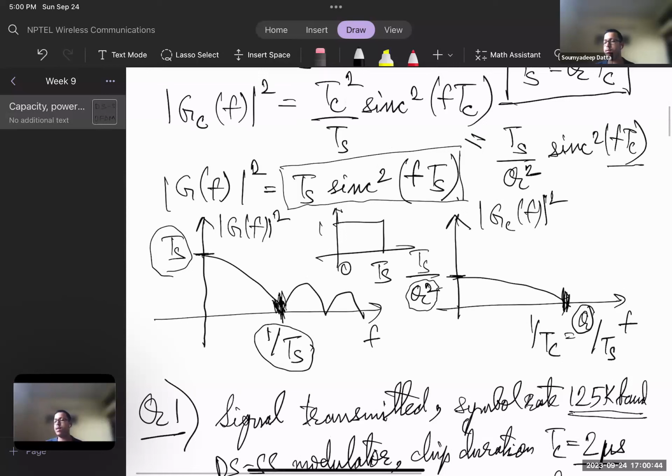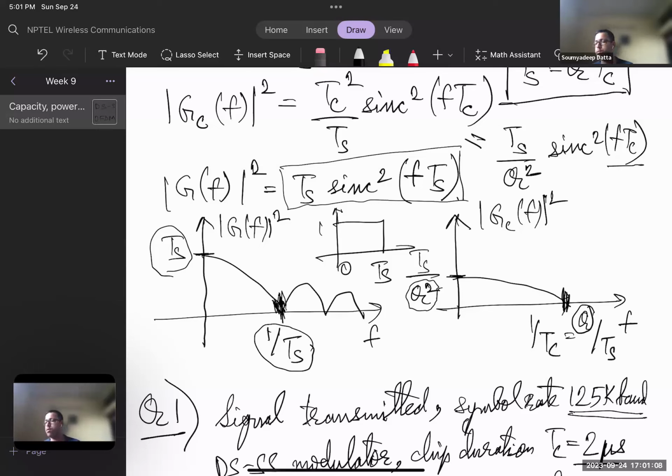For the sinc function, the peak value is Ts, the symbol time, and the crossover point, where the magnitude drops to 0, is when frequency is equal to 1 by Ts. So then you know this crossover point.